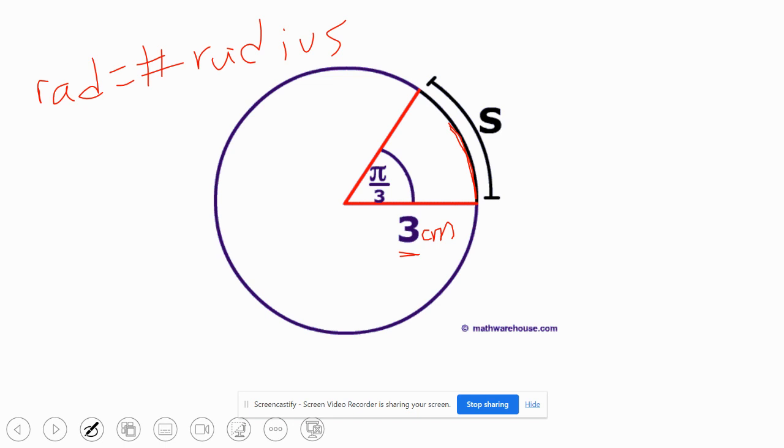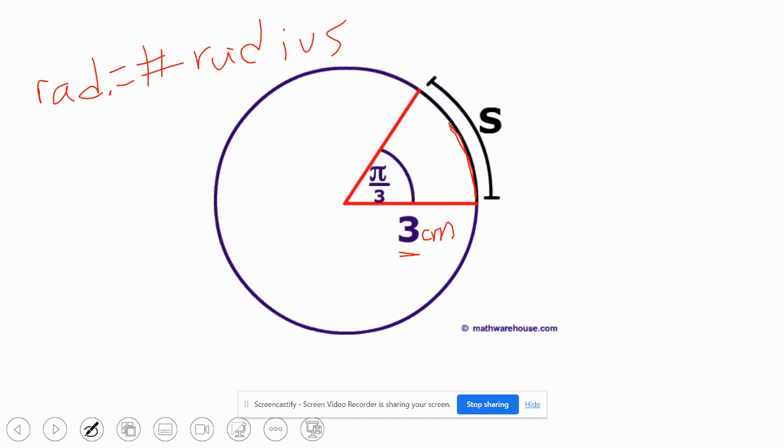So let's say I want to know the length of this arc s. It's actually easiest to do when this measure is in radians, because if a radian is just the number of radii around the circle, I can take the radian measure and multiply it by the radius, and I have my arc length.